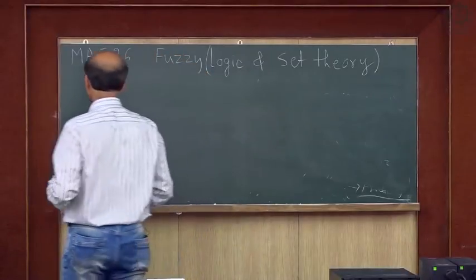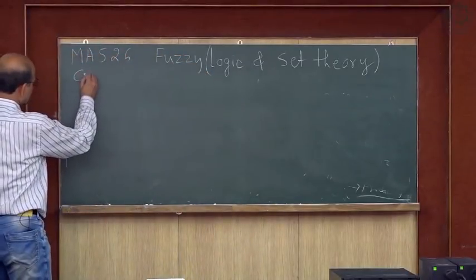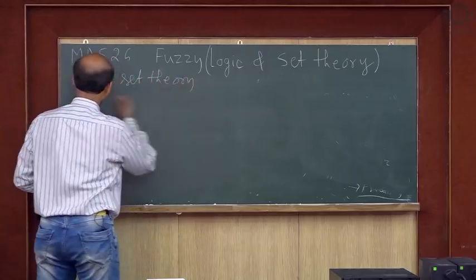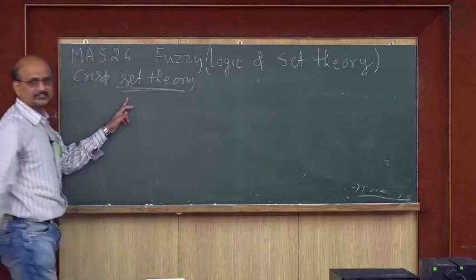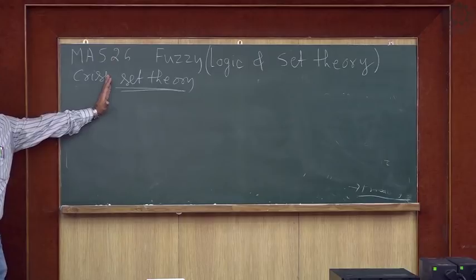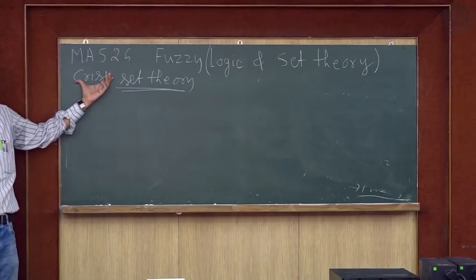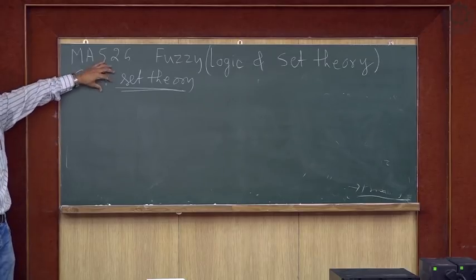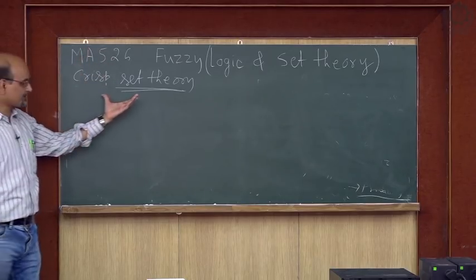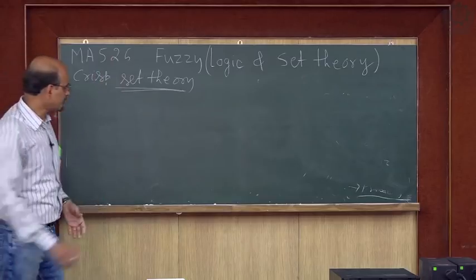So that means for crisp set theory, or actually you call it just set theory, I am using the term crisp set theory because we have fuzzy set theory. Till now you have done set theory. So in crisp set theory, how do you define a set?